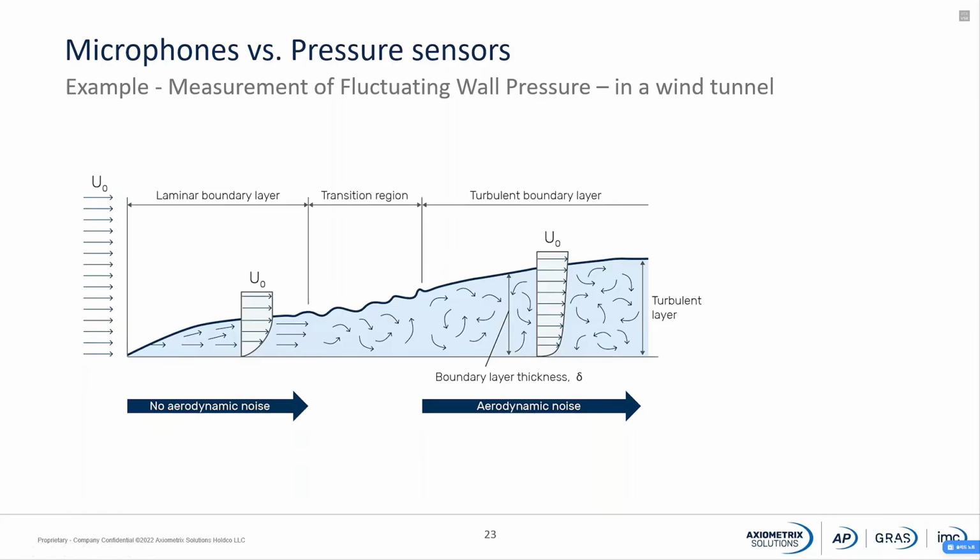That can tell us where we have our laminar flow and where we have a transition region. It can also tell you where you have the boundary layer, the turbulent layer, which is creating some noise because it is interacting with the surface and potentially starting to vibrate the surface.